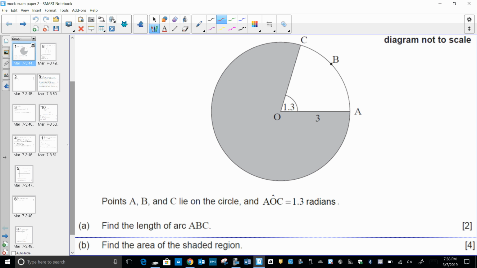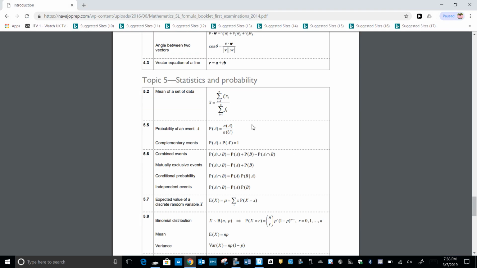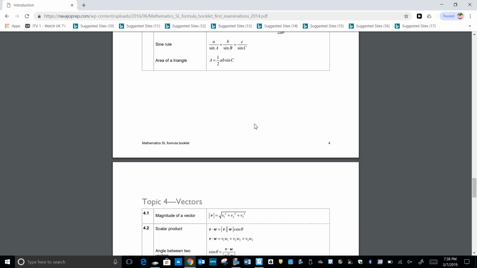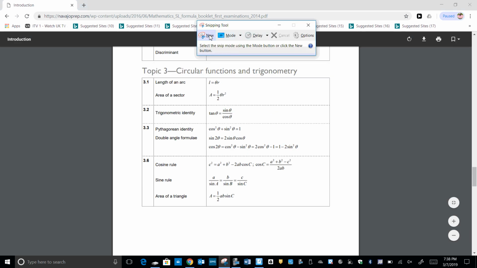So find the length of the arc. First thing we need to do is look at the formula booklet.